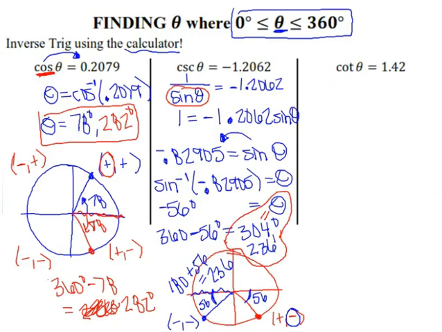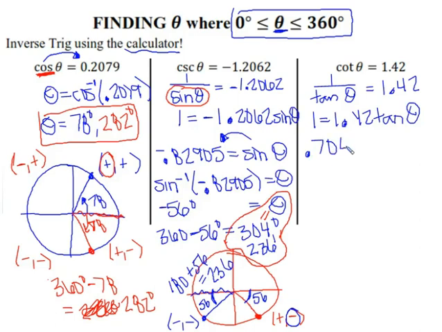Cotangent. Okay, we can't have cotangent, so let's write it in terms of tangent. Tangent of our angle. And it looks very similar to the one we just did over here, so maybe we'll follow the same steps. We can multiply the tangent over. Maybe divide by that 1.42, and that's going to give us 0.704225.